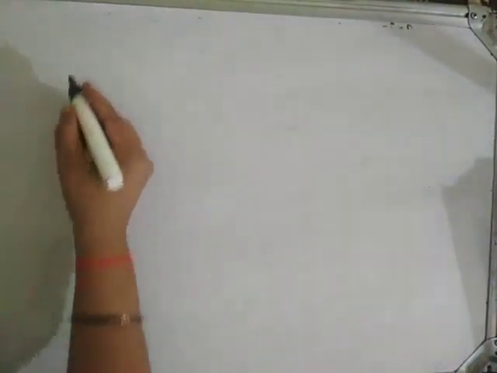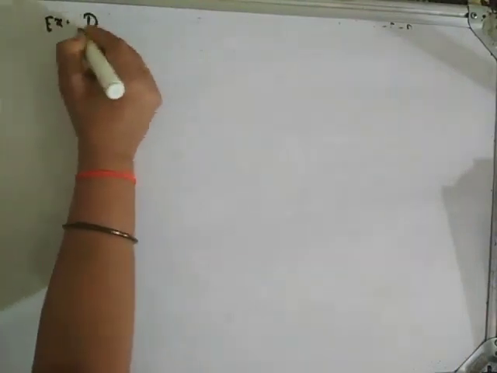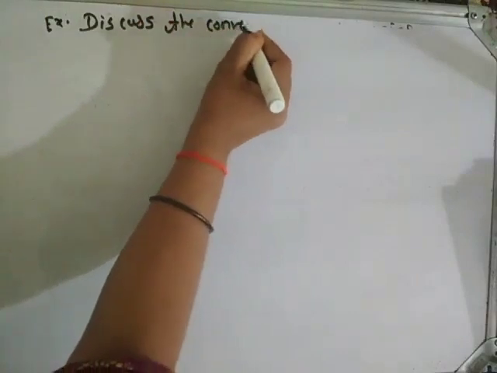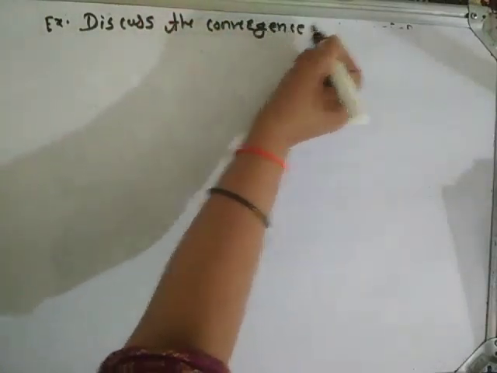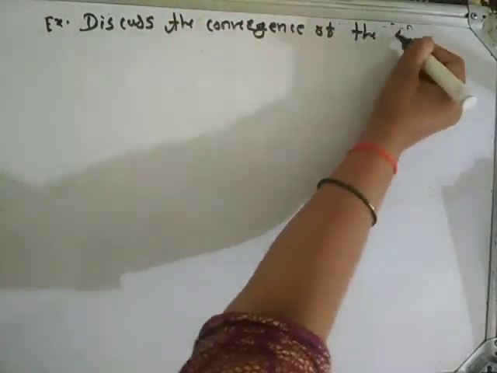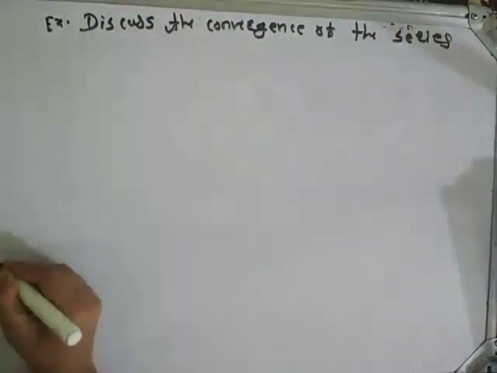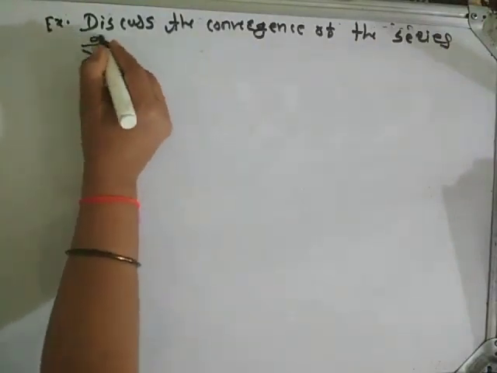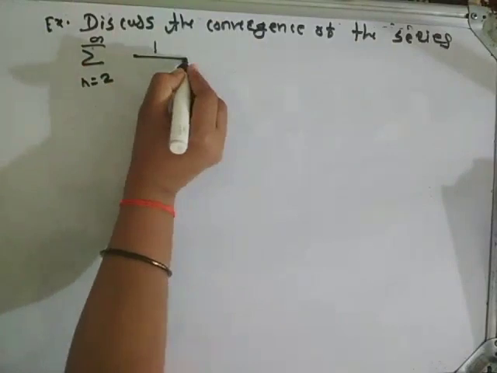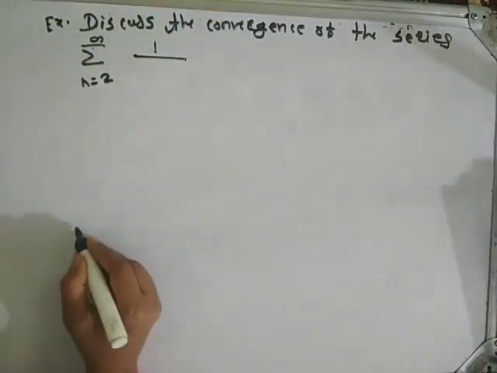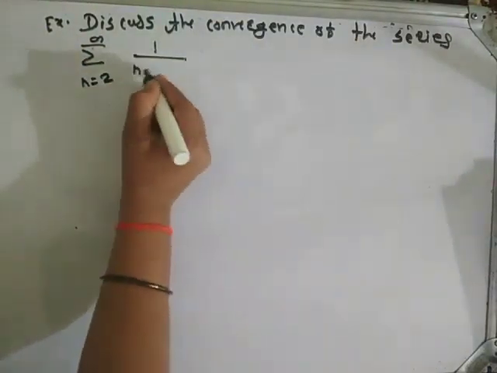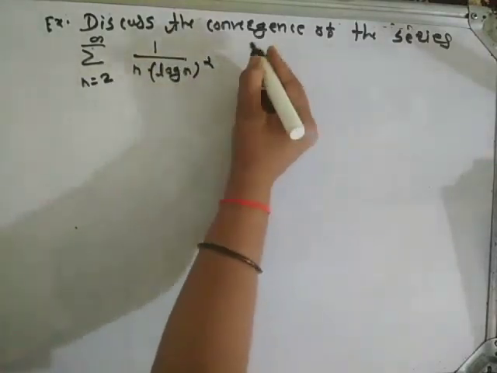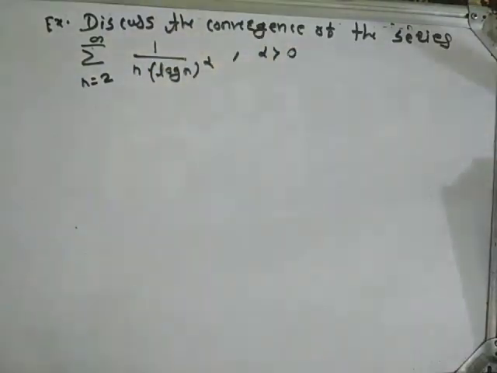Example, discuss the convergence of the series n runs from 2 to infinity 1 upon n into log n raised to alpha, where alpha is greater than 0.